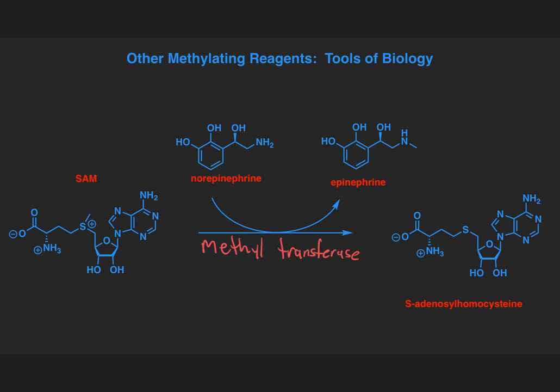If we look at how the electrons are moving, the electrons on nitrogen are coming in and attacking this methyl group, which is kicking that sulfur off, and that forms epinephrine and S-adenosyl homocysteine, which can be used to regenerate SAM, and epinephrine is responsible for an adrenaline rush. That's going to wrap up our discussion of the chemistry of sulfur-containing molecules.